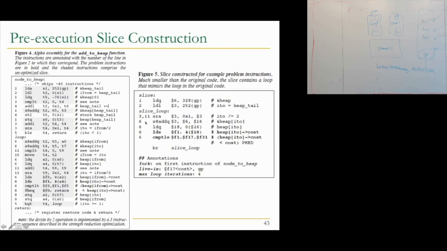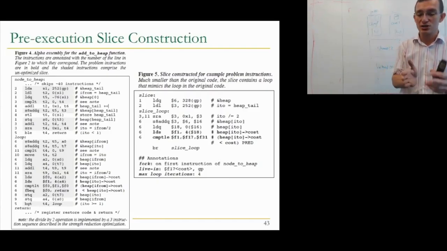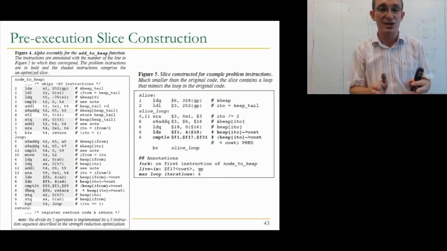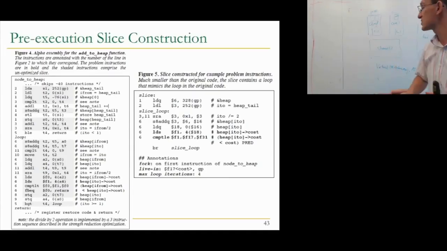You can count these: 1, 2, 3, 4, 5, 6, 7 instructions, or maybe 8 instructions execute in the pre-execution thread to compute what's needed for these problem instructions. So you can prune the program significantly just to focus on these problem instructions. As a result, this pre-execution thread can be much leaner than the main thread, and it can execute quickly.